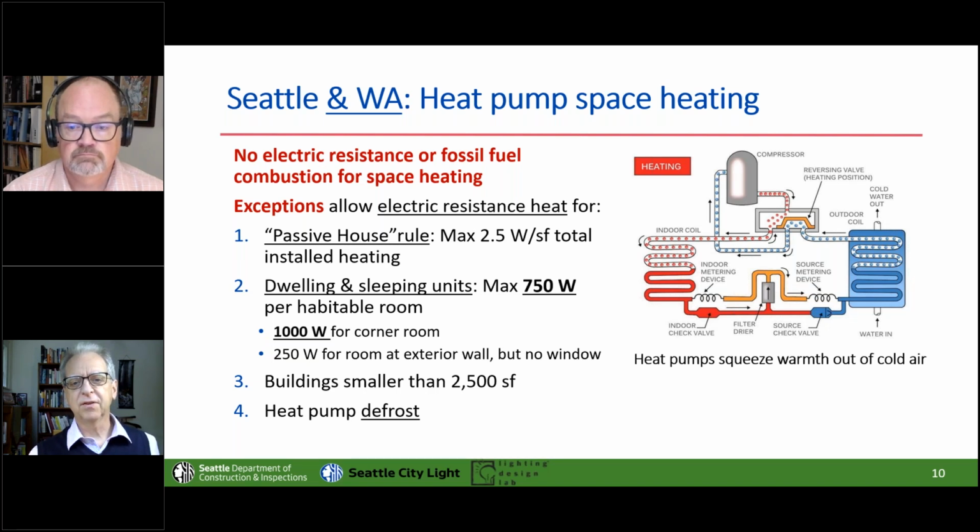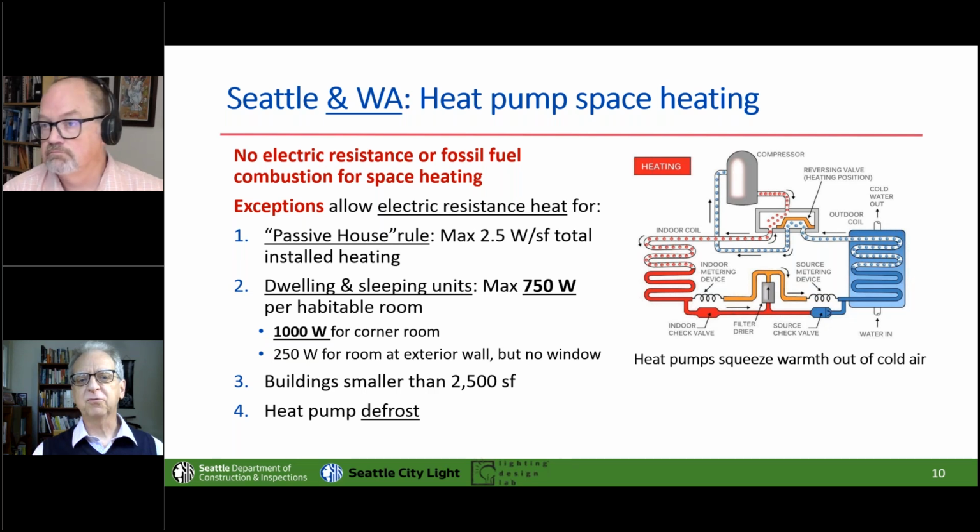The big exception that's most important to most people is that we allow a certain amount of electric resistance heating in apartments if they have a great envelope, which they have to have now. That's usually not a problem to meet those standards. But just be aware that when you're designing electric systems, you're designing for either electric resistance or heat pump.